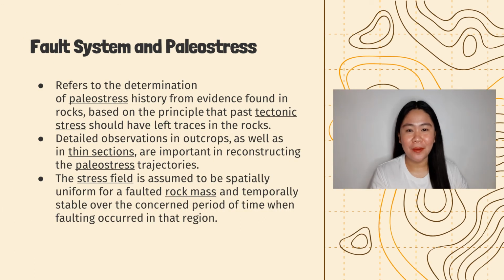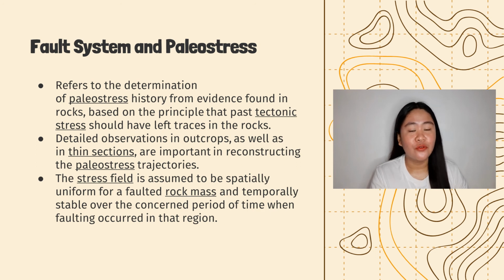Fault system and paleostress refers to the determination of paleostress history from evidence found in rocks, based on the principle that past tectonic stress should have left traces in the rocks. Qualitative and quantitative analysis of deformation structures are useful for understanding the distribution and transformation of paleostress fields controlled by sequential tectonic events.